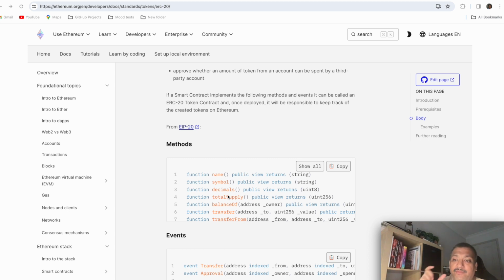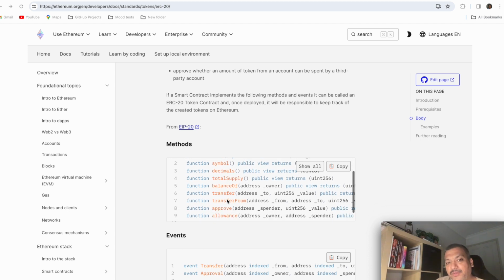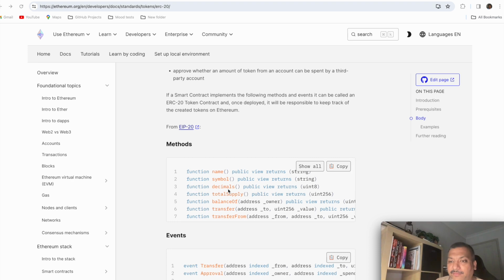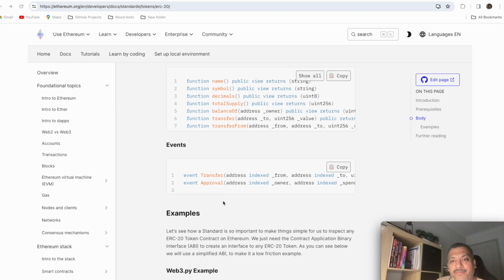They know that these functions are there inside your smart contract, and they are looking for these functions and these methods to derive the information so that they can then display it and then do the necessary transaction processing. So whenever you're creating an ERC20 token, you have to make sure that you have at least bare minimum these methods implemented. There are some events as well that we need to implement.